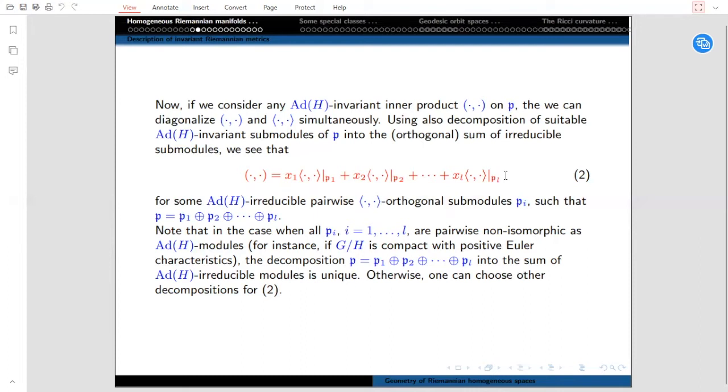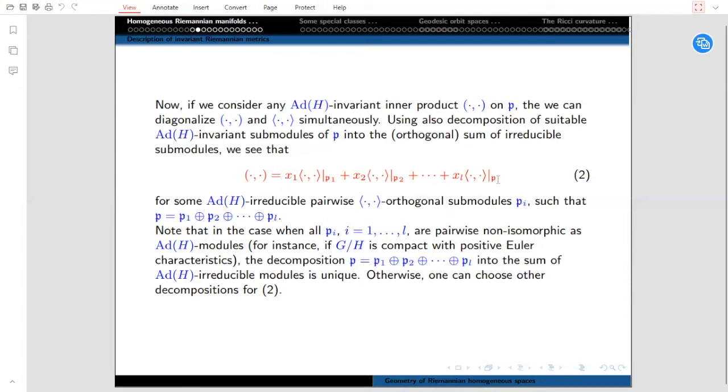But if we consider all possible spaces of metrics of such kind, then we can consider the decomposition of p into the sum of Ad H irreducible submodules, and on each submodule we can modify the standard inner product by multiplying by some positive scalar.